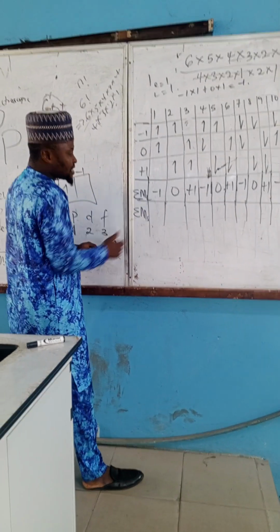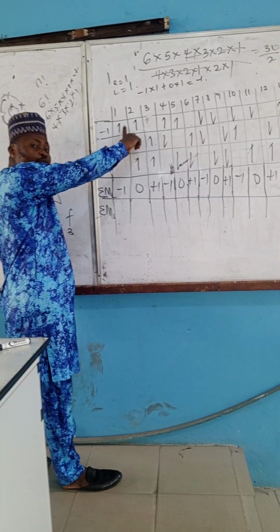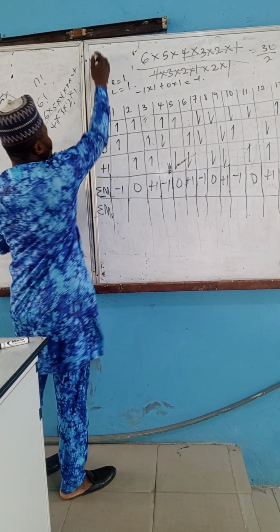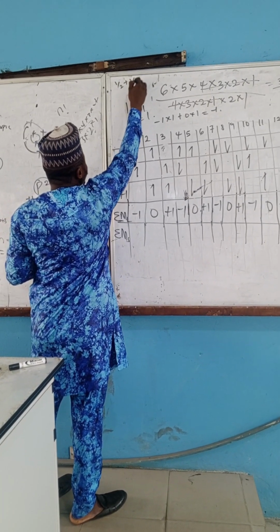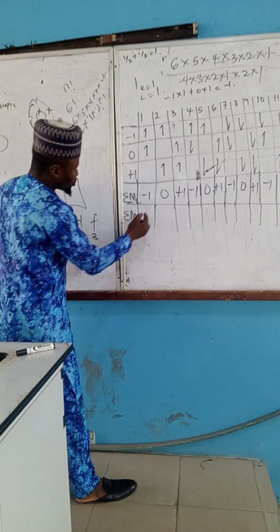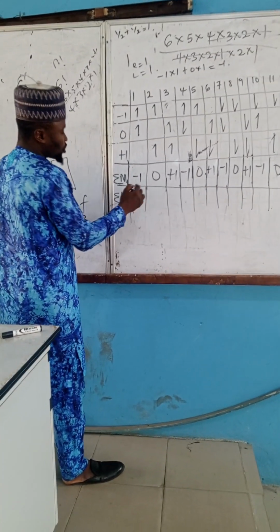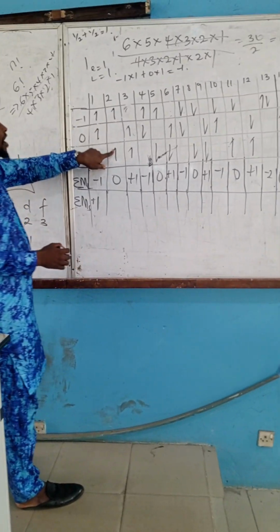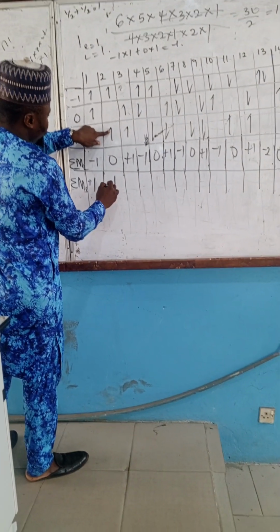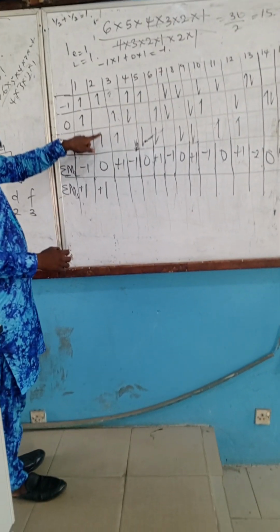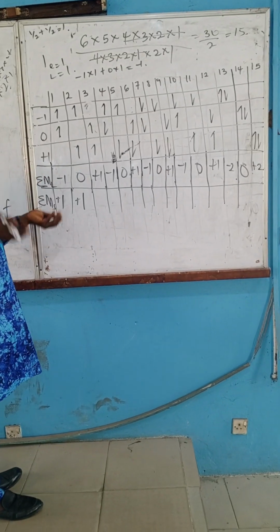So it means that these two are facing up. That is half plus half, that is 1. Plus 1. Spin has to do with their directions.